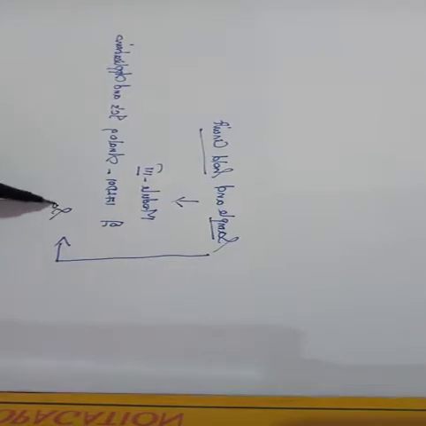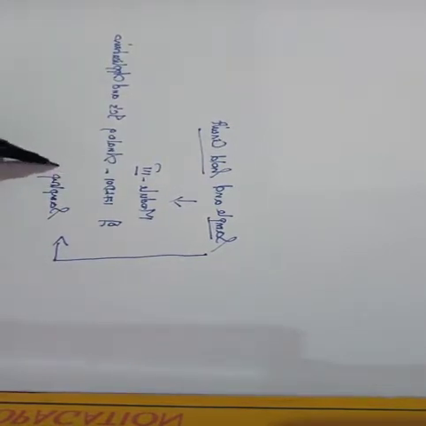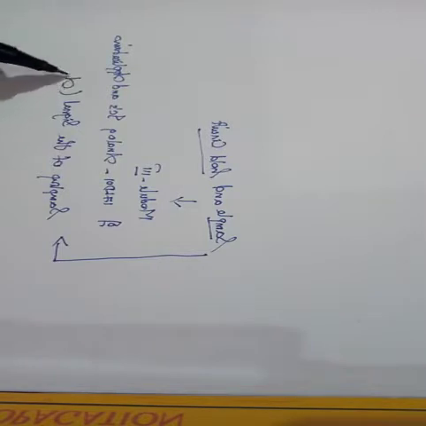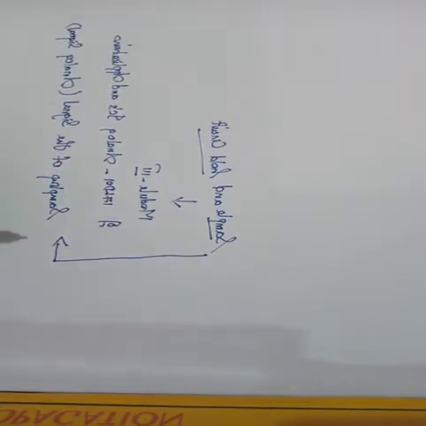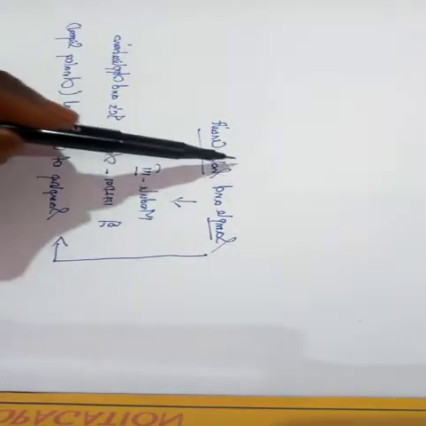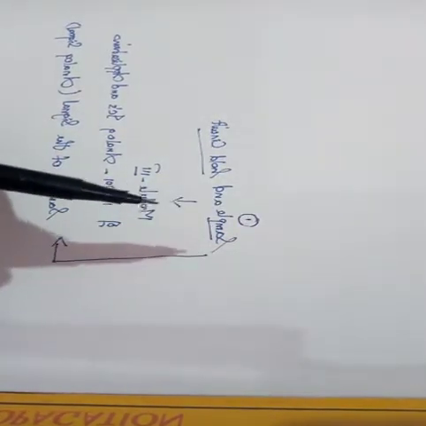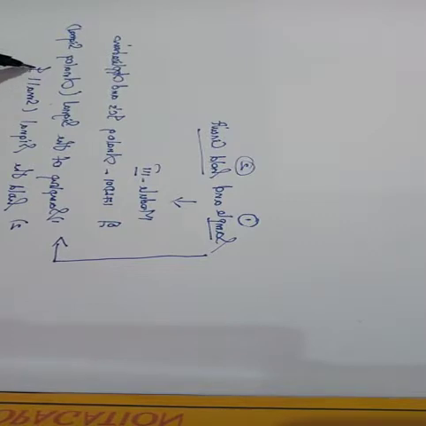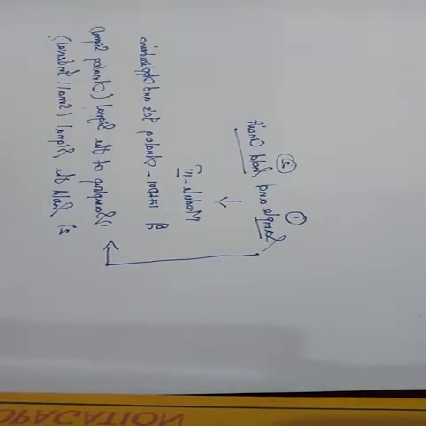One is sampling of the signal, preferably the analog signal, and the second, let me state this as term 1 and this as term 2, is holding the signal for a very small interval.